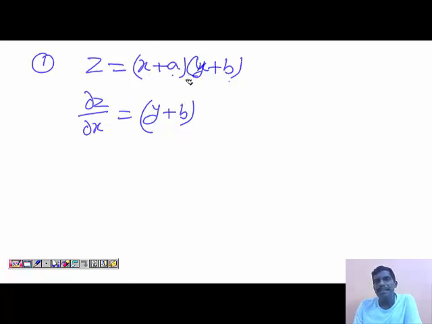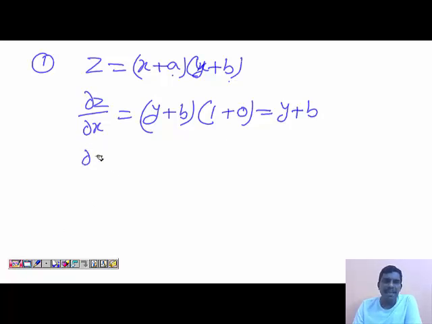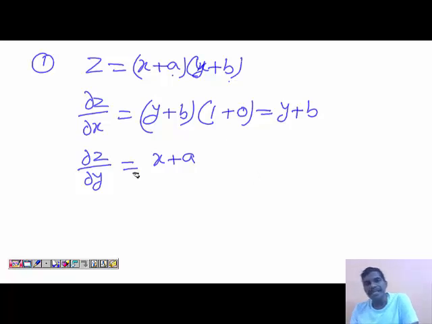This is x plus a, the differentiation of x is 1 and of a is 0, therefore this is nothing but y plus b. The same way, dou z by dou y is equal to x plus a. By using these results, you can write the differential equation from the given equation.